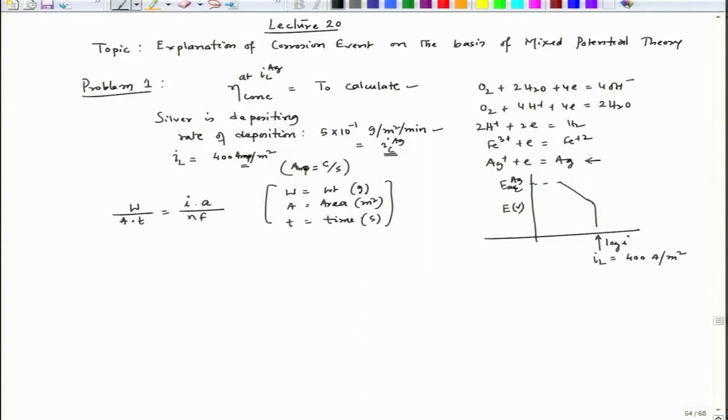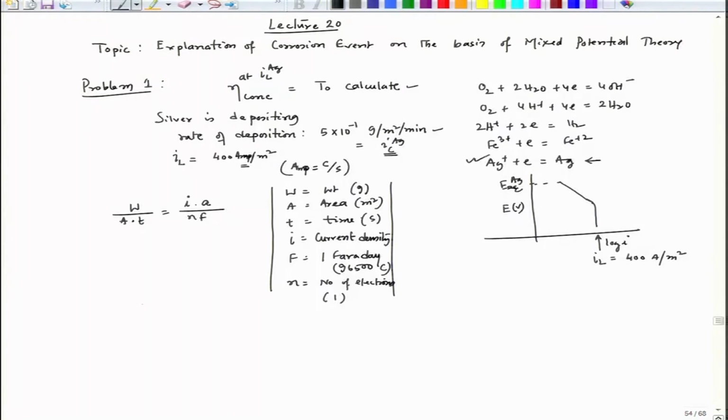I is current density, F is 1 Faraday, 96500 coulomb, and N is the number of electrons. In case of Ag, this value is 1, because we are considering this reaction.